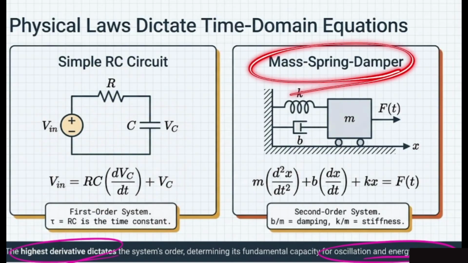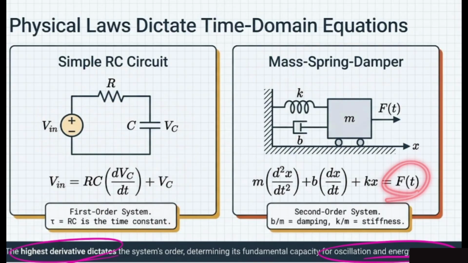On the other hand, we have the mass spring damper. So what is the formula over here? The force, in Newtons, is going to be related to the mass and to other factors. But as you can see, we have the derivative of power 2 of distance, the derivative of power 1 of distance, and the distance itself.